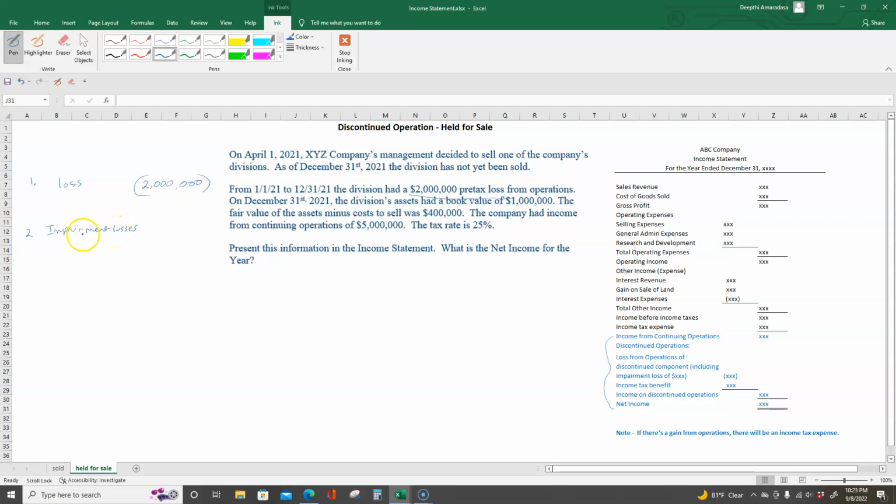To calculate the impairment loss, first we take the fair value of assets minus cost to sell. Again, the fair value is what the company can expect to receive for these assets if they were to sell them. They said that the fair value of the assets minus cost to sell was $400,000.